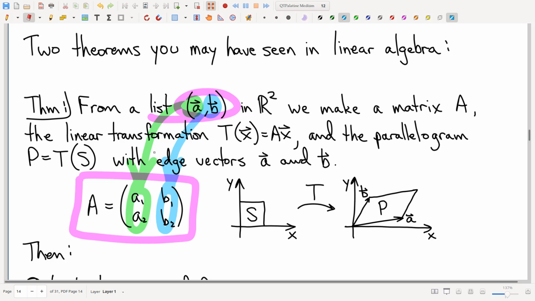Well, it is also true, if you give me a matrix, that implies a linear transformation, by way of the usual, natural formula relating a matrix to a linear transformation. So now let's get a little bit weird. You gave me a list, and from that I infer a matrix and a linear transformation.